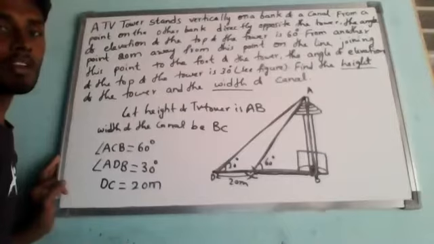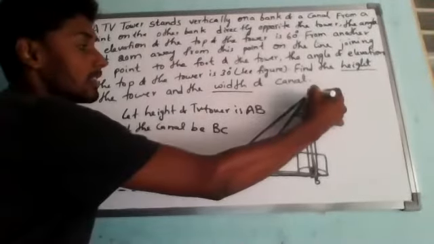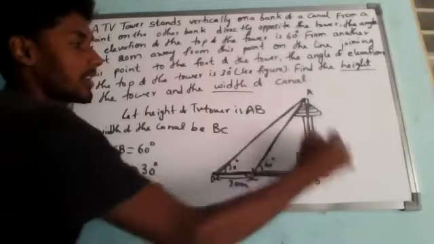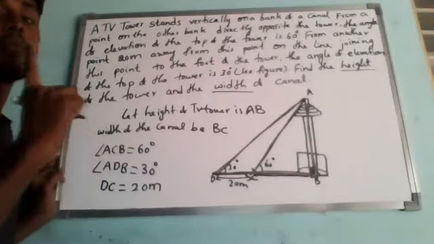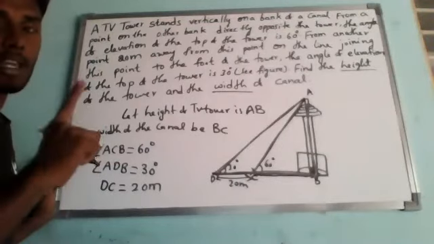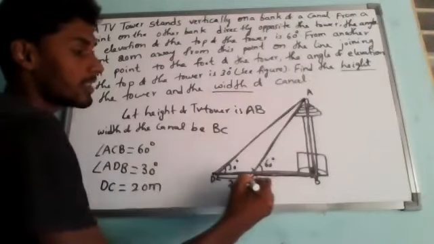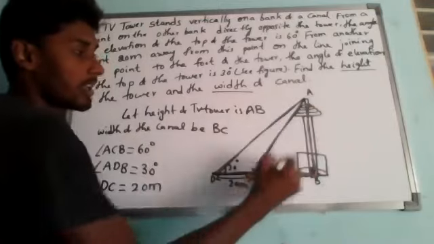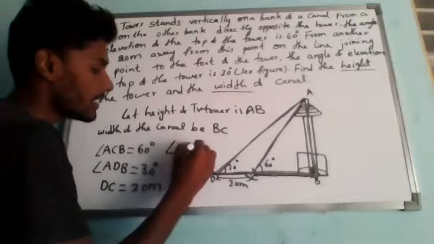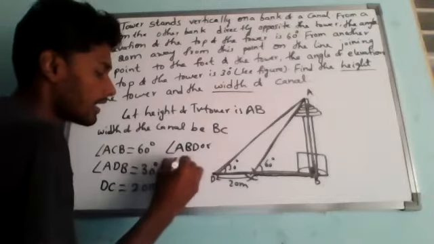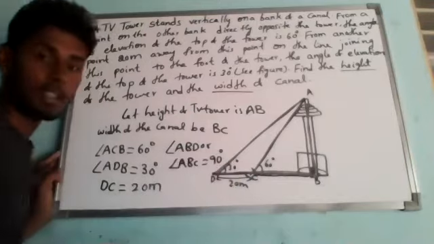If you observe carefully, one more thing we can find. In this right angle triangle or this right angle triangle, we know that in a right angle triangle, one 90 degree angle is always present. So either in right angle triangle ABC or ABD, angle ABC or angle ABD, which is B, equals how much? 90 degrees.